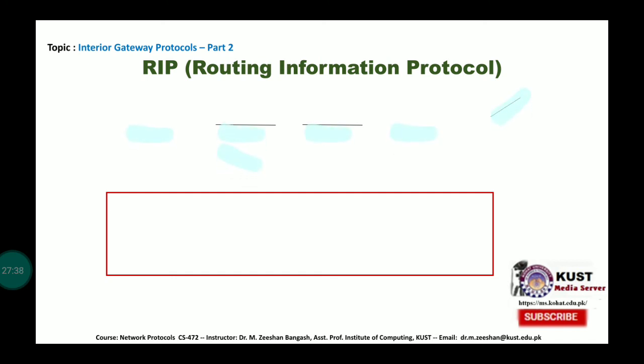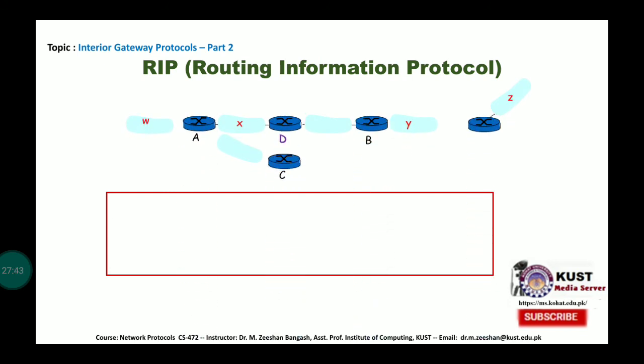So let's consider different networks, which we call W, X, Y, and Z, and they are connected through different routers. It's a scenario in which different routers are connected to other routers that are part of different networks.